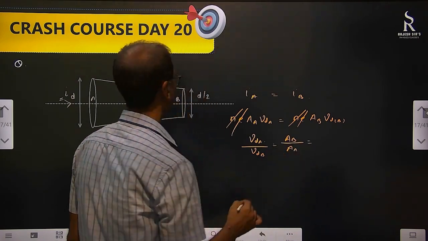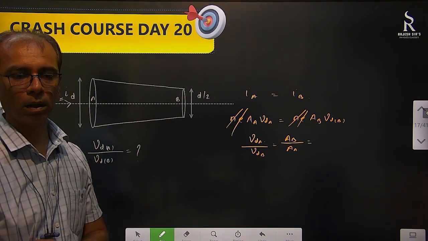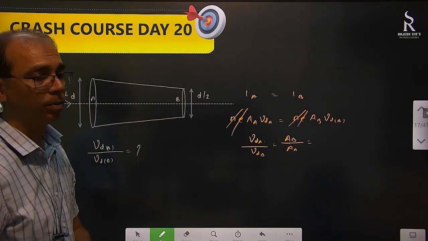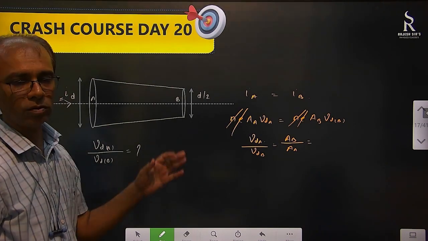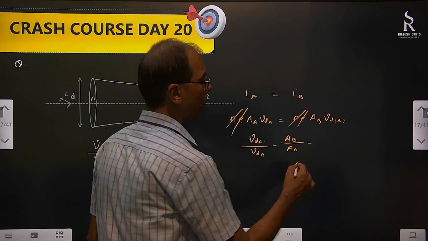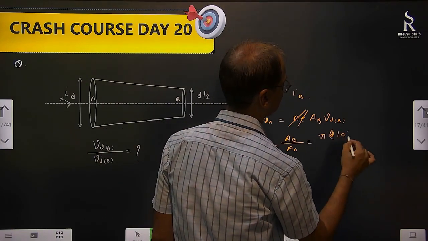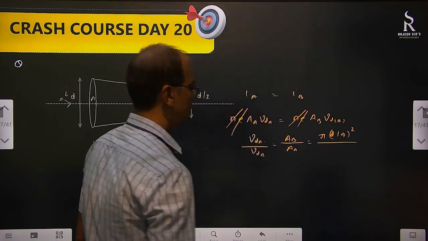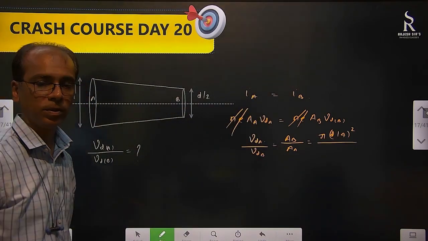Now area at B: its diameter is d by 2, so radius is d by 4, half of the diameter. So pi d by 4 whole square, by area at A. Its diameter is d, so radius is d by 2.